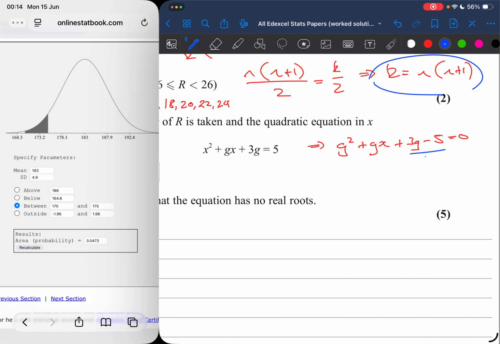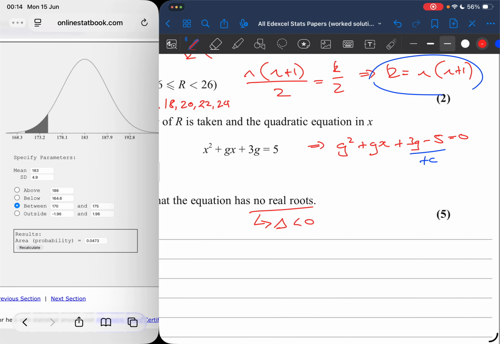That is like our plus c. So when we have no real roots, that tells us our discriminant is less than 0. Because when we look at the quadratic formula, we end up square rooting that thing, but we can't square root negatives. Not allowed to keep real roots.